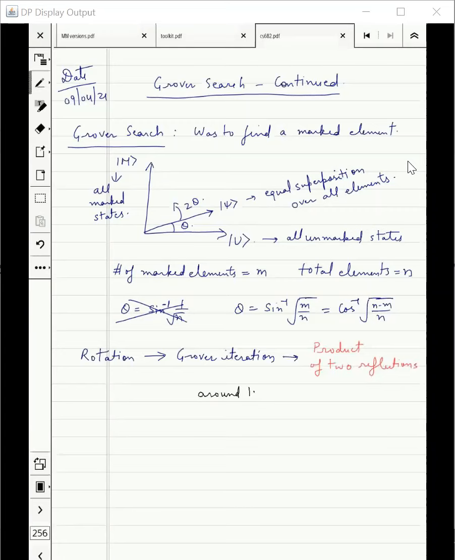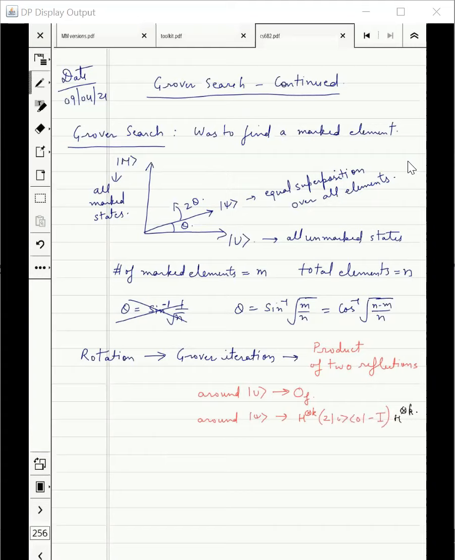How did we reflect around U? Using the oracle O_f. Great. And how did we reflect around psi? This was H tensor.